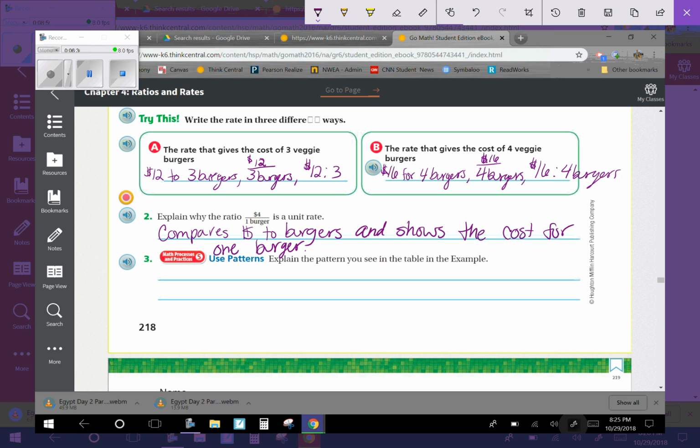And to explain the pattern you see in the table in the example, each time the number of veggie burgers increases by 1, the cost increases by 4. So burgers increase by 1, cost increases by 4.